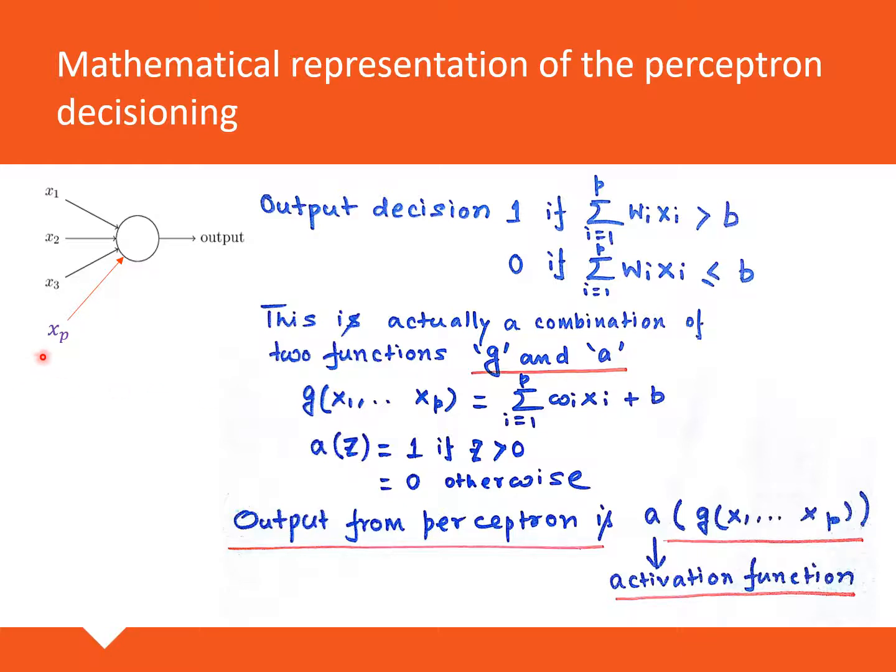And then we also looked at how mathematically we can represent the decisioning which is done by a perceptron, and then we introduced the concept of the activation function, and then we clarified whether the fundamental building blocks of neural networks should be called neurons or perceptrons.